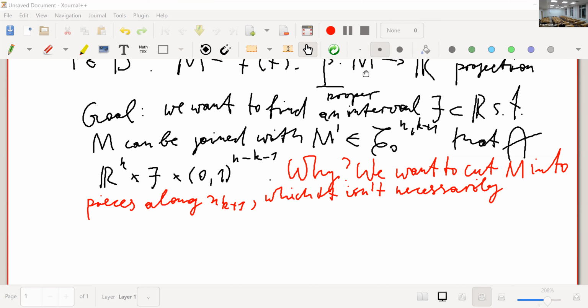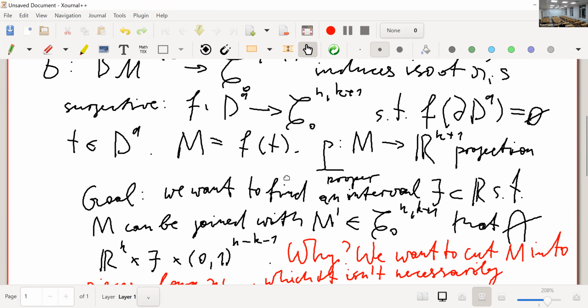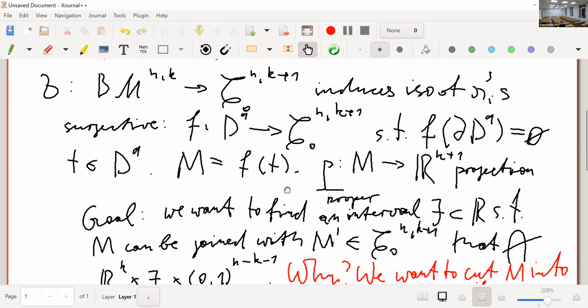Let's scroll up a bit. We have this map sigma. What does this map produce? It produces something which is a union of things stacked one next to each other along the k plus first coordinate.